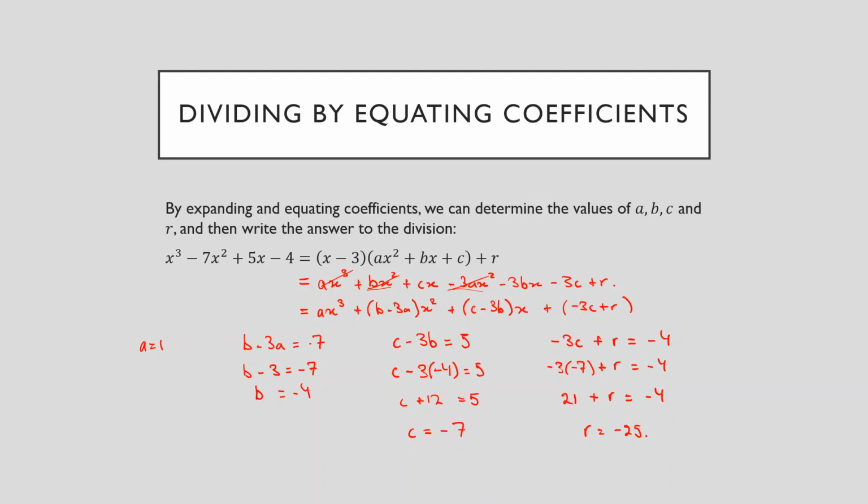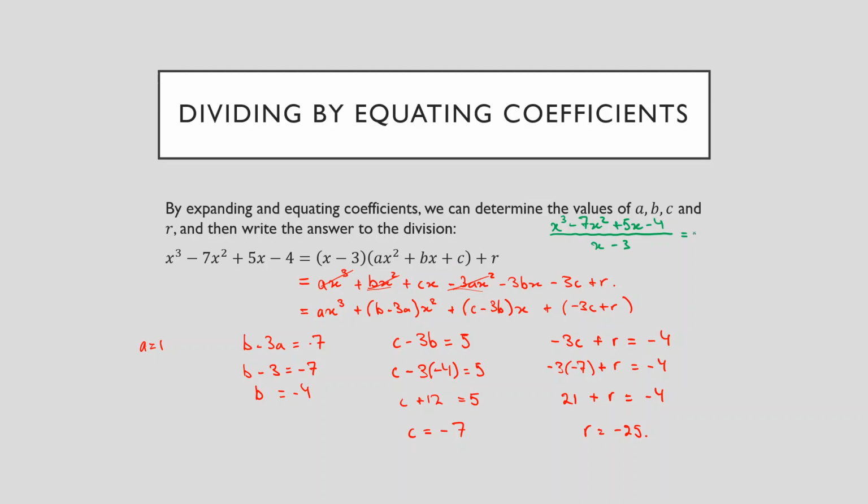Okay? So that means when I do the division, let me use another color. When we do the division, x cubed minus 7x squared plus 5x minus 4 divided by x minus 3, I would end up with this quadratic with the values of a, b, and c that we've determined.